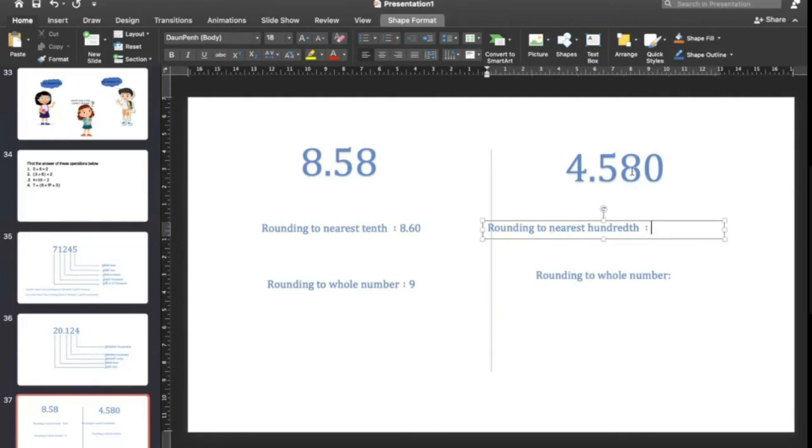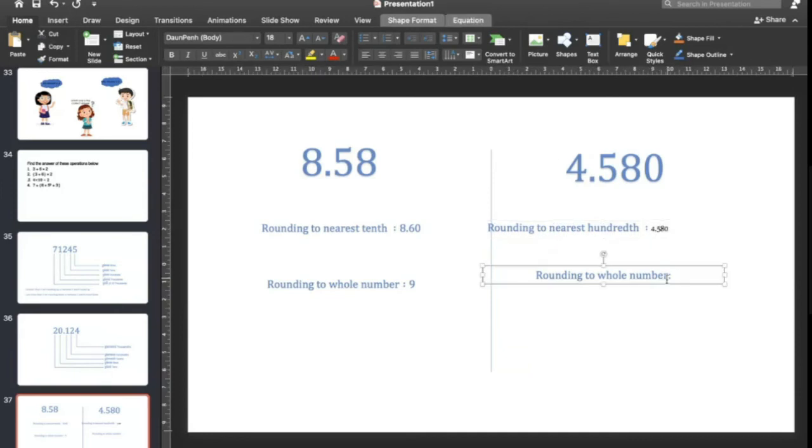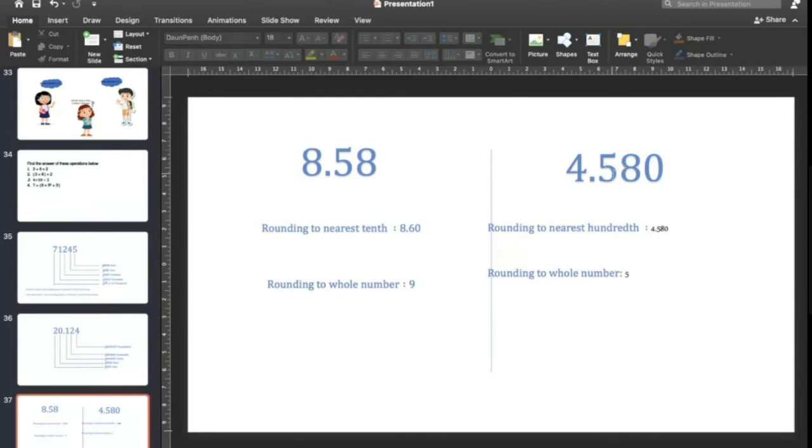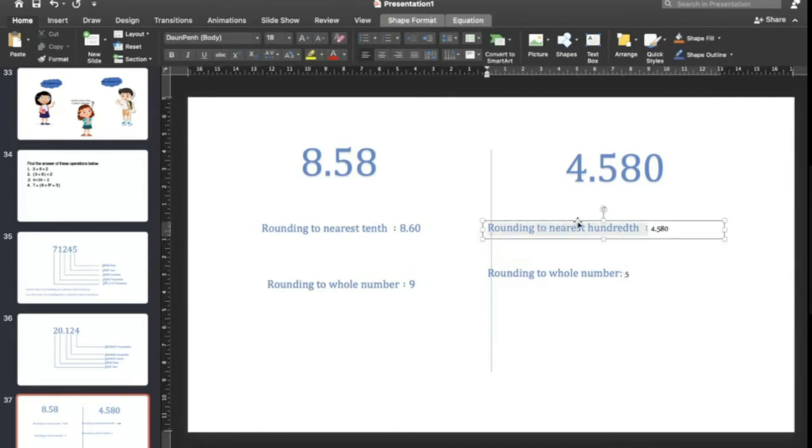So we look at the next digit, 0, so it stays the same. How about rounding to the whole number? It is 5, because this digit is 5, so we round it up. So 5. Any question for this one?